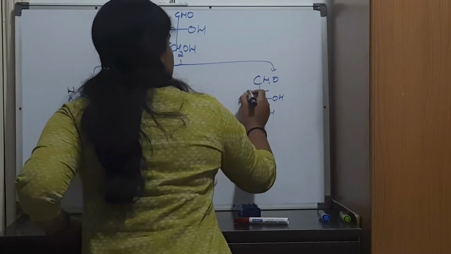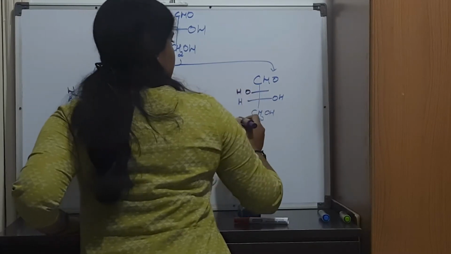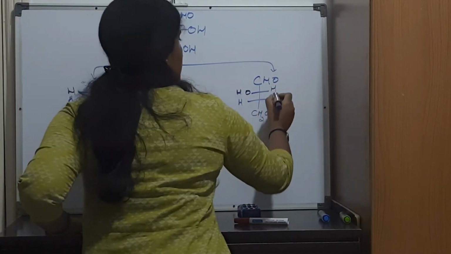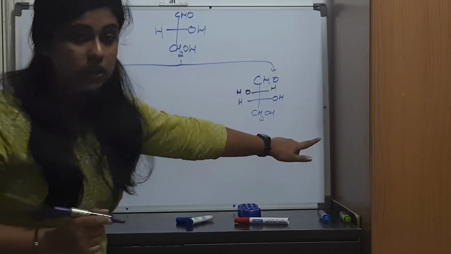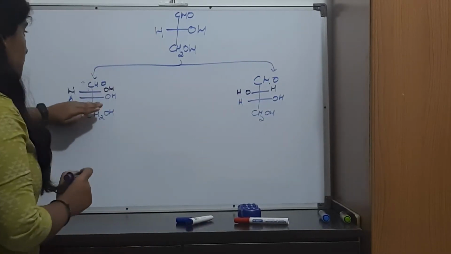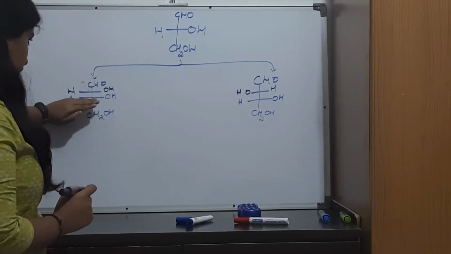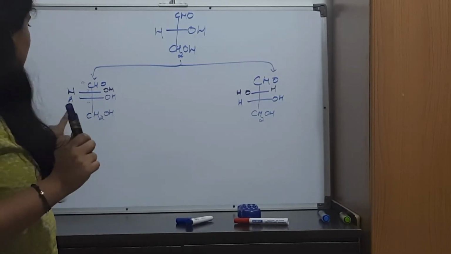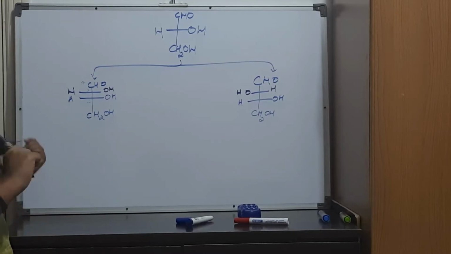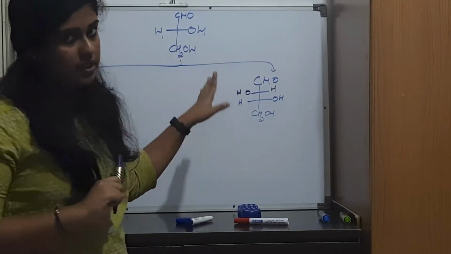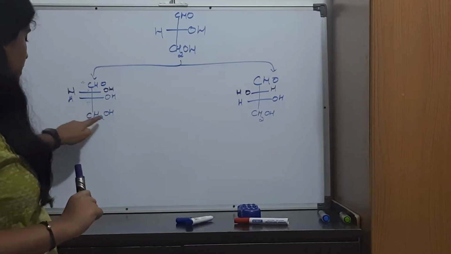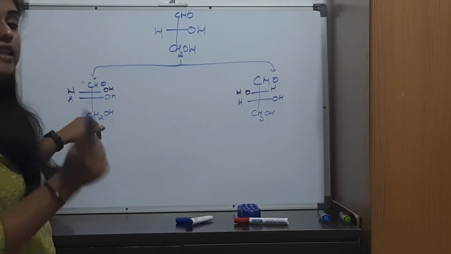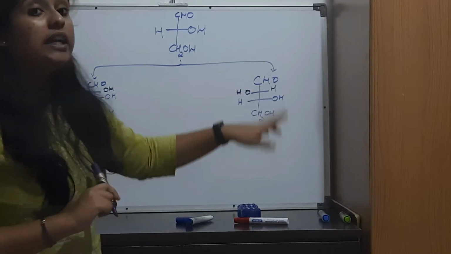Another possibility is OH coming on the left and H coming on the right. Two possibilities, but still they both are D forms because we consider only the bottom portion, the first H, OH after CH2OH. If hydrogen is on the left, it's D; if hydrogen is on the right, it's L. So in both the cases, H is on the left, so both of them are D forms.